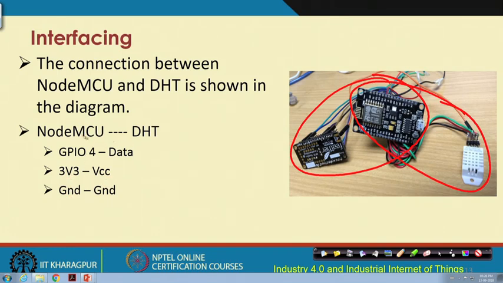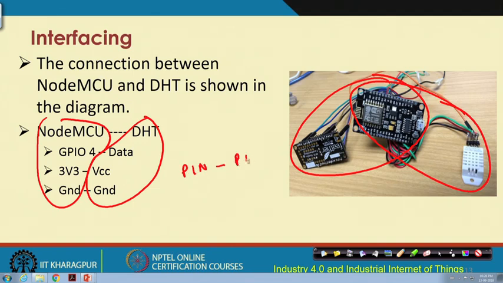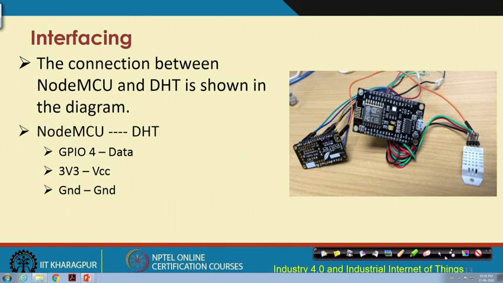So, this is how the mapping between the NodeMCU and DHT looks like in terms of the pin configurations in both: the NodeMCU pin configuration with the DHT sensor pin configuration.